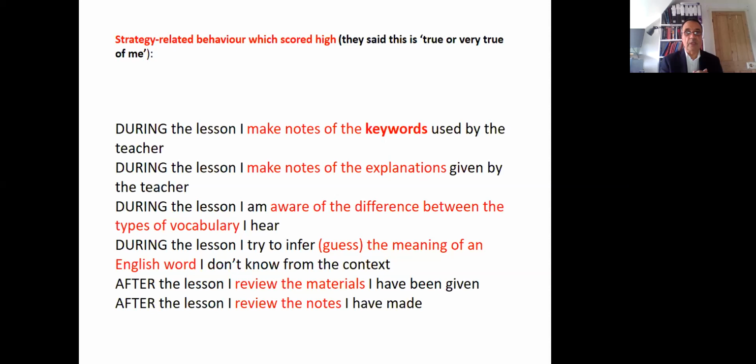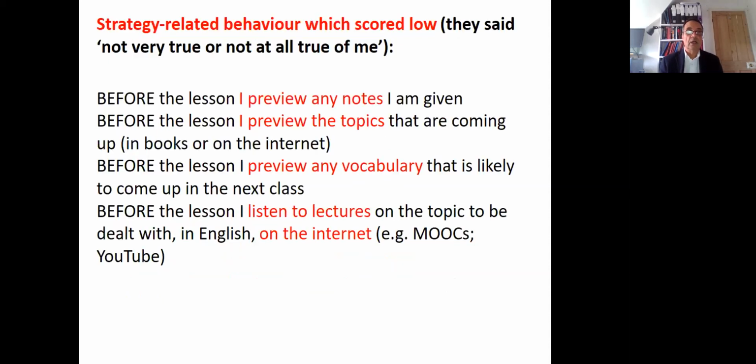But noticing that most of those were during the lesson. In other words, they were being strategic during the lesson, during the lecture. A little bit afterwards, after the lesson, they were reviewing materials, reviewing notes. But now if we look at the ones they said they didn't do, there was very little strategic behavior before the lesson or the lecture.